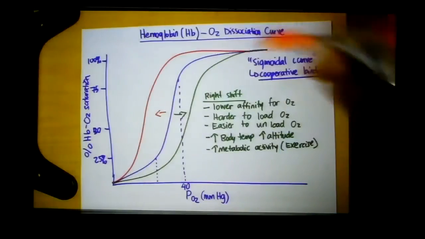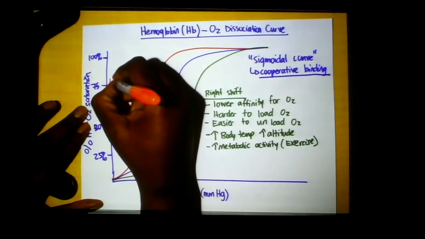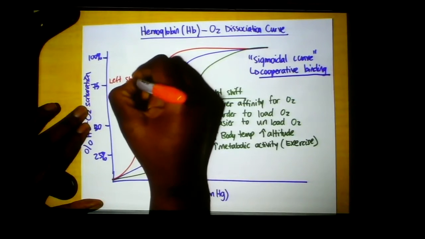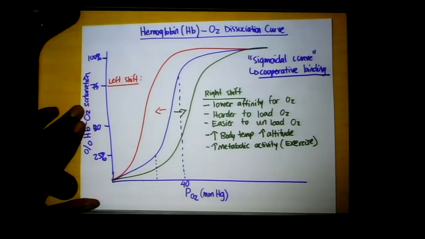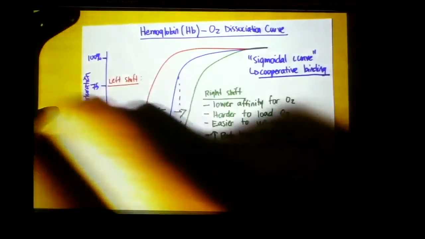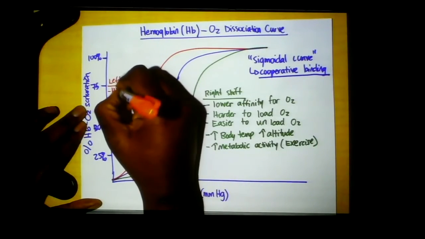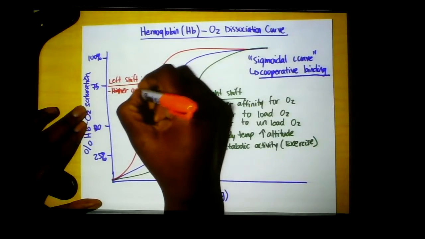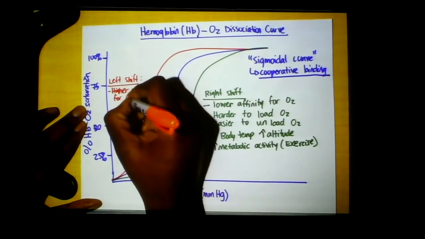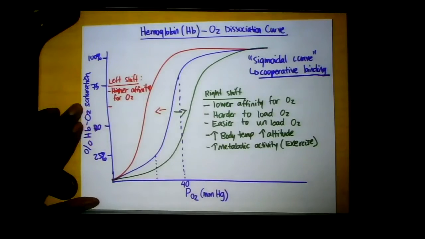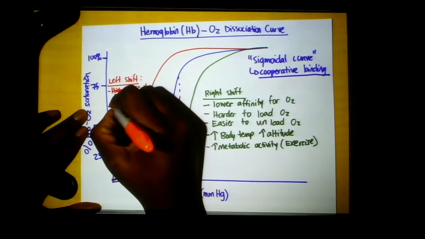Now, when the curve shifts to the left, we've got the opposite scenario here. So a left shift, we have a higher affinity for oxygen, meaning that it is harder to unload oxygen.